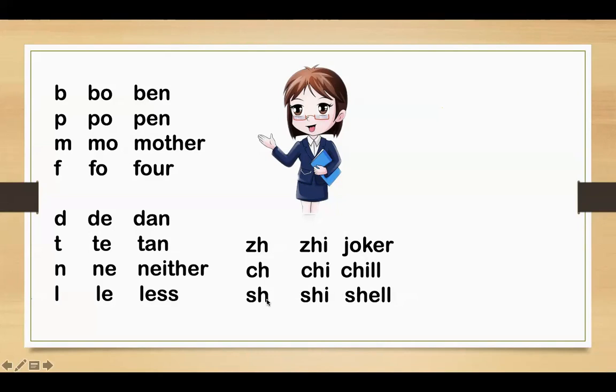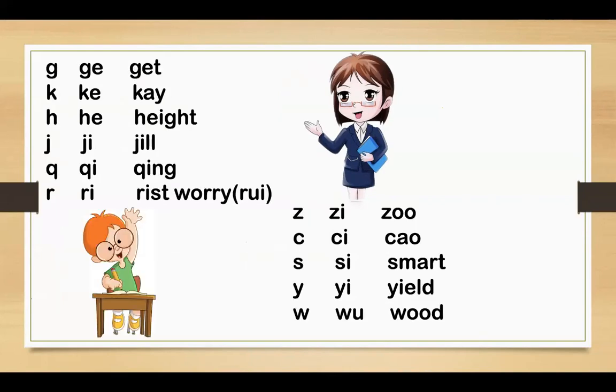And this one, the last one, sh, shell. I think by seeing this, it's better for you to remember the pronunciation of each consonant. And let's go to the next.